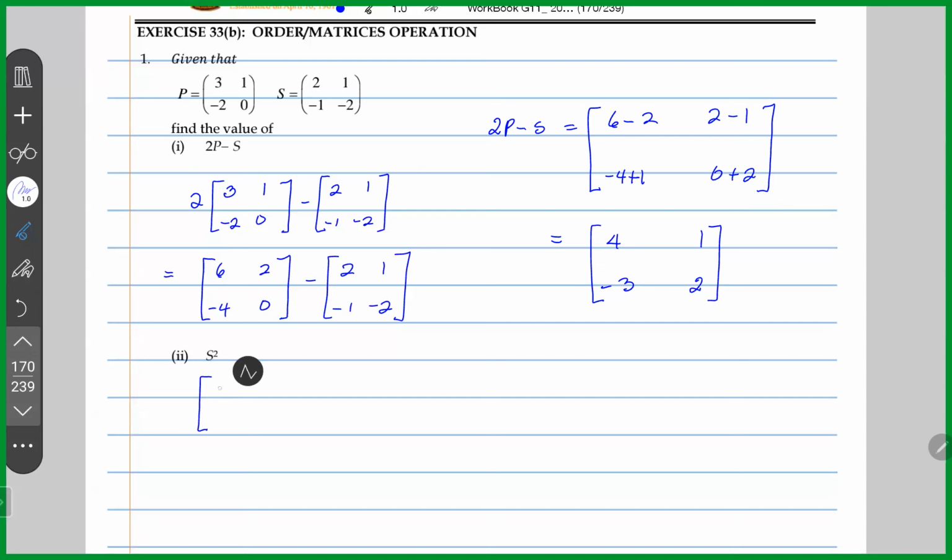So this is S, which is 2, 1, minus 1, minus 2, multiplied by 2, 1, minus 1, minus 2. So we're going to multiply two matrices.